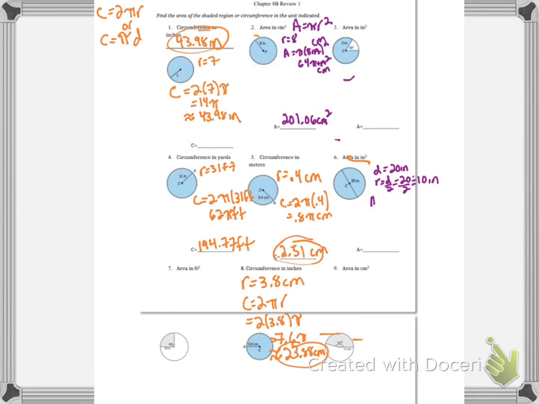So area equals pi r squared equals 100 pi inches. I don't really need my calculator for this because I know pi approximates to 3.14. So it's going to be 314 inches squared. Okay, and then the last two we have are sector problems again. So I'm going to wait a second and come back to those.